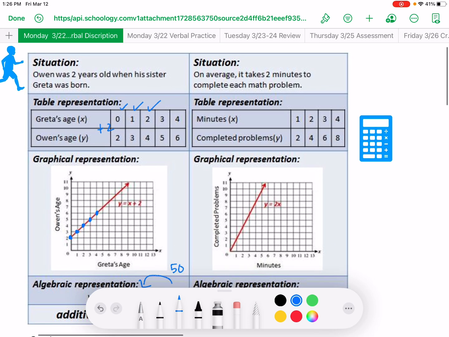Okay, our second situation. On average, it takes 2 minutes to complete each math problem. So 1 minute, 2 problems. 2 minutes, 4 problems. 3 minutes, 6 problems. So your rule here is times 2.